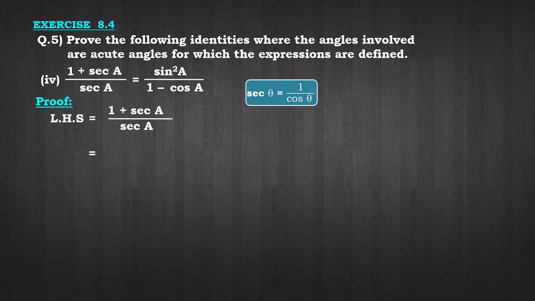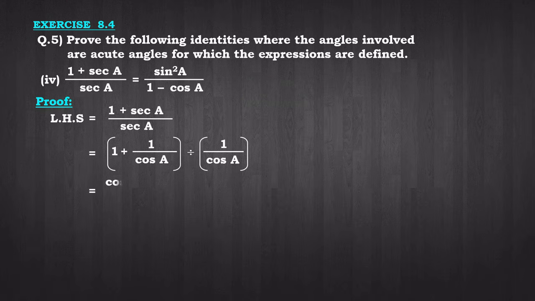We get (1 plus 1 upon cosine A) divided by 1 upon cosine A. Now divide by a fraction by multiplying with its reciprocal. So, the expression becomes (cosine A plus 1) divided by cosine A, multiplied by cosine A upon 1. Cancel the common factor, cosine A. Therefore, the left-hand side is equal to 1 plus cosine A.